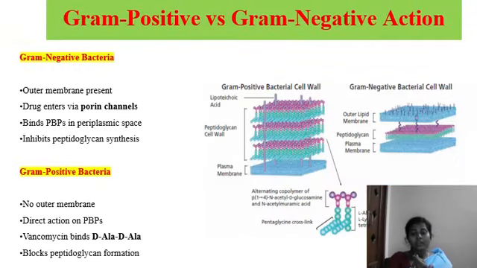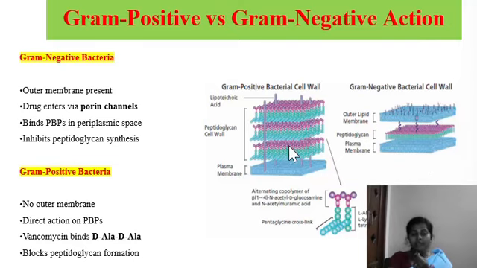And we know that bacteria can be classified into two types. One is gram positive, another one is gram negative bacteria. In the case of gram negative bacteria, we have an outer membrane. Through this outer membrane, the beta lactam will penetrate and bind directly with the penicillin binding protein, which helps in the cross-linking of peptidoglycan, which is mainly responsible for the bacterial cell wall formation.